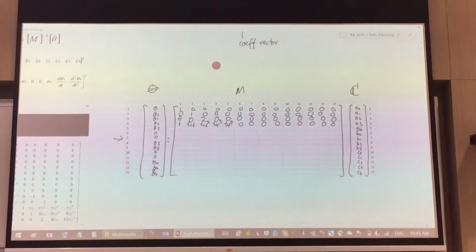I'll write down that boundary condition. How do we write these boundary conditions into your M matrix?